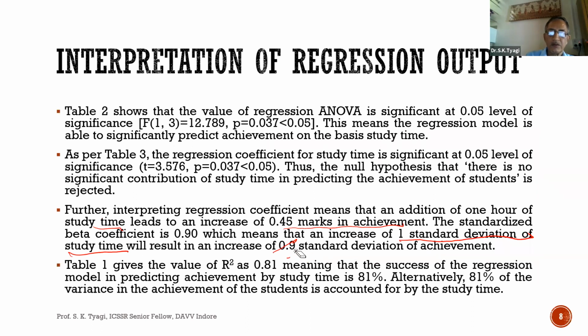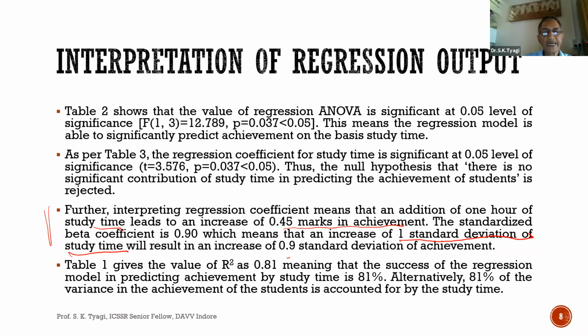So if you increase study time by 1 standard deviation, achievement is increased by 0.9 standard deviation. This is how you have to write the interpretation.